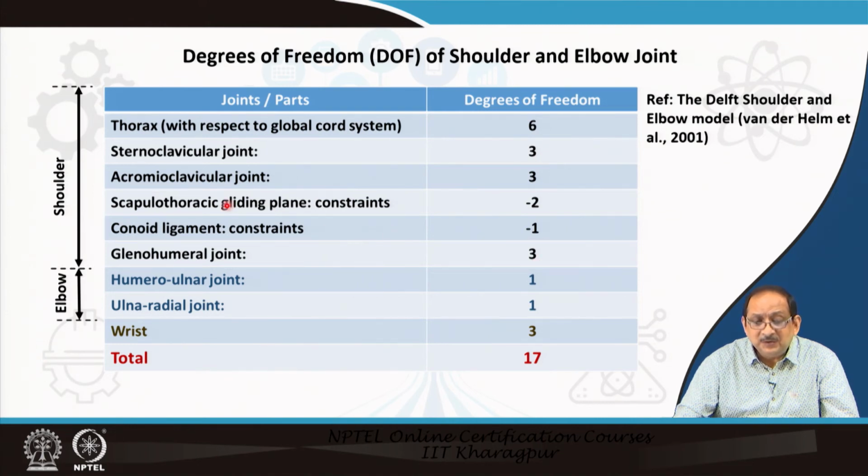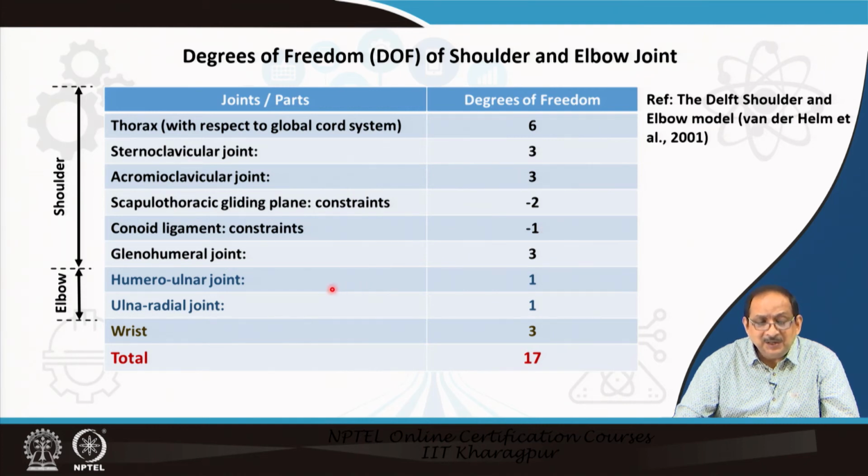Now, these constraints are applied by the scapulothoracic gliding plane. So, 2 constraints at the 2 points of contact, so -2, and one by the conoid ligament, that is also -1.